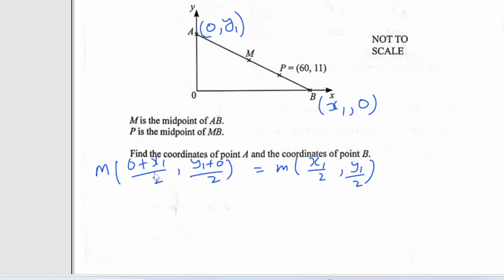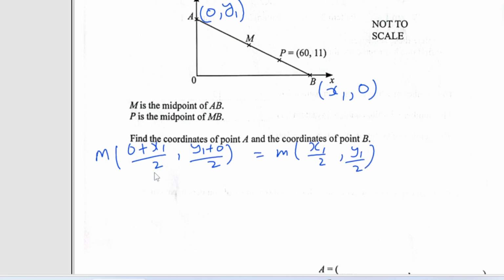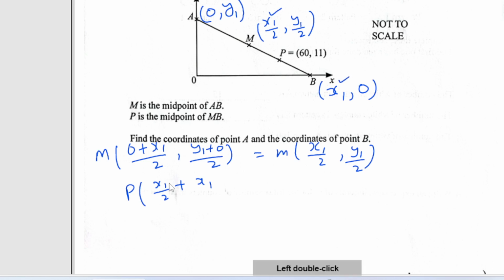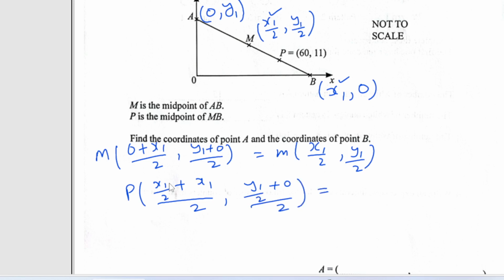Okay. Now after this we have P. P is the midpoint of M and B, and M has the coordinates x1 over 2 and y1 over 2. So P is going to be x1 over 2 plus x1, the whole over 2, and then y1 over 2 plus 0 over 2, and this is given to us as 60 and 11.